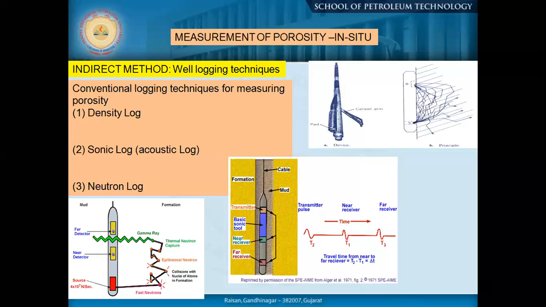So during the work you need to collect information from the core plug samples and from the logging information, and then isolated well information as well as core information help you think particularly about how to average the porosity throughout your reservoir.